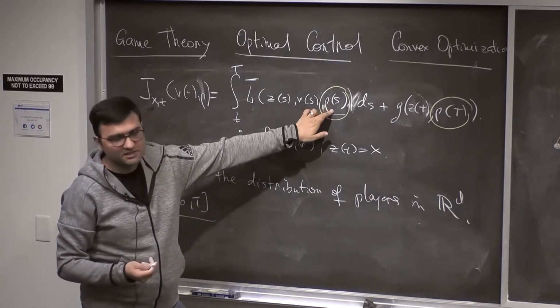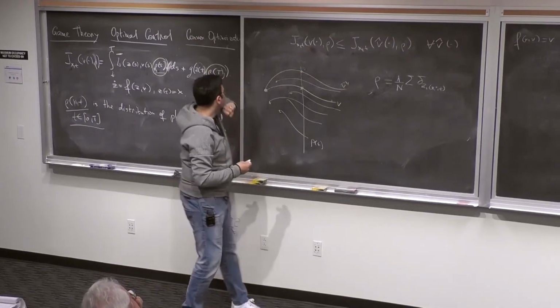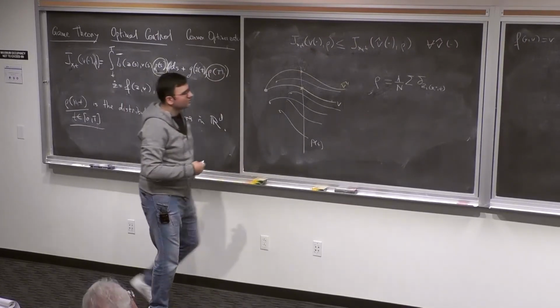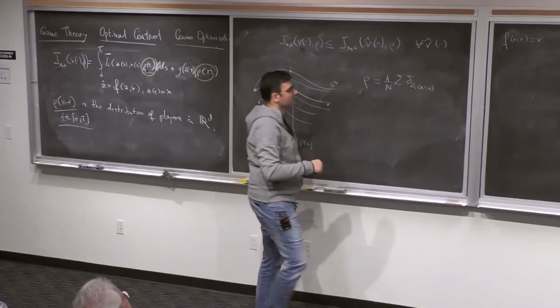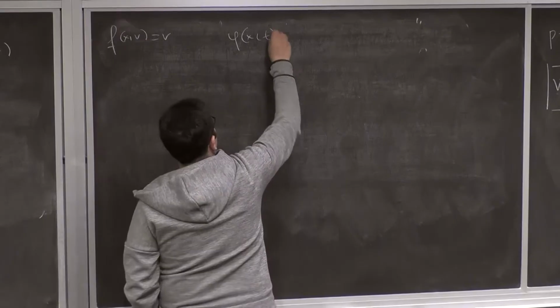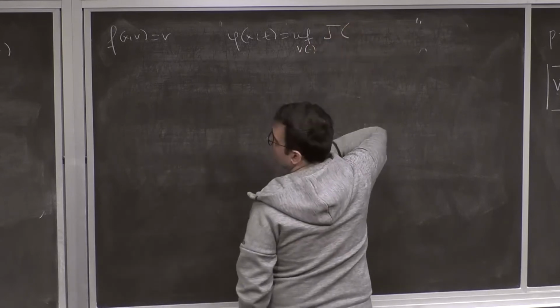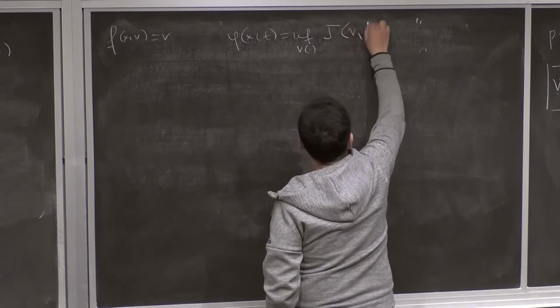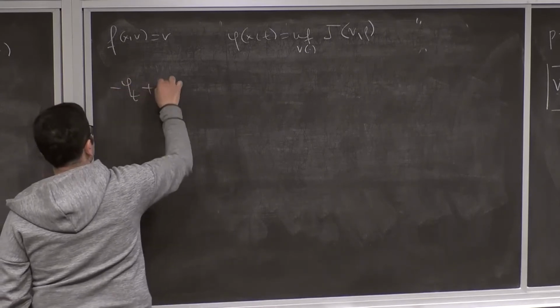So it's fixed, and this means that V is the optimal control of this problem. And if I denote phi of x, t as just the infimum of the cost integrated against rho, then I have the following Hamilton-Jacobi equation.